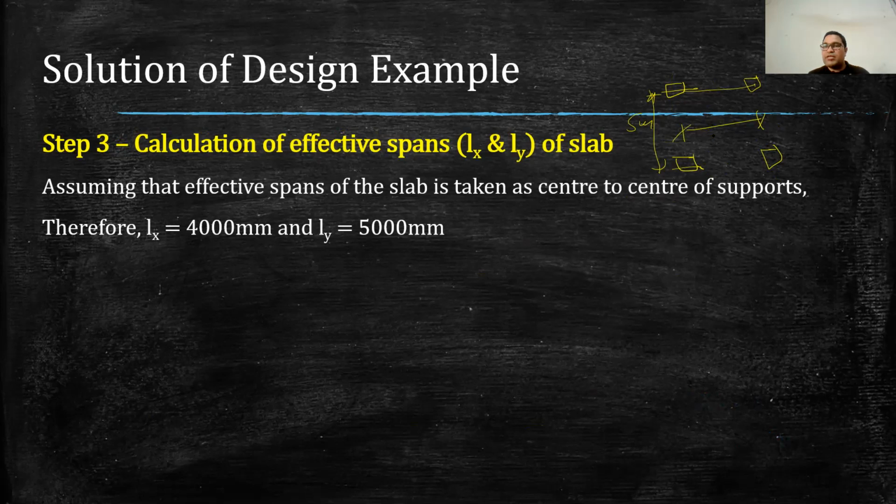So for the timing in this problem, we will assume that these are actually the effective span of the slab, because this distance is given from the center to center of the column. So here we will consider that our effective span will be 4000 mm in case of shorter span, and 5000 mm in case of the longer span.